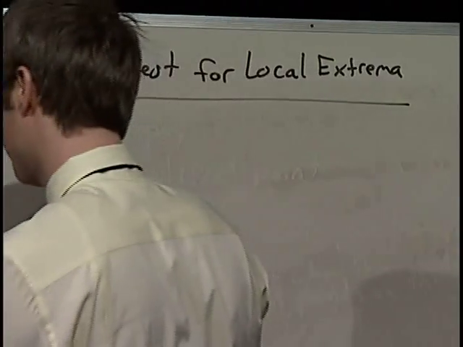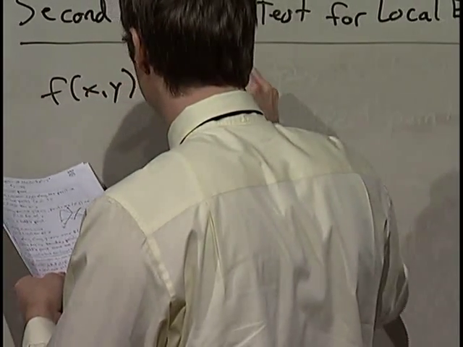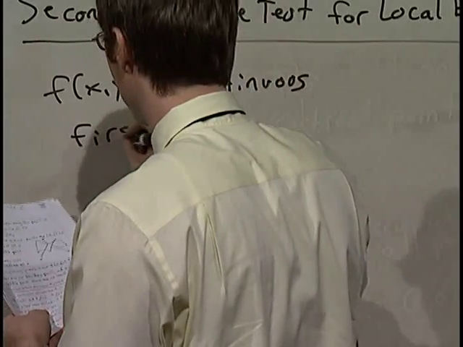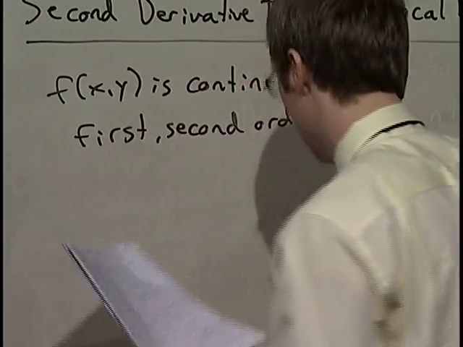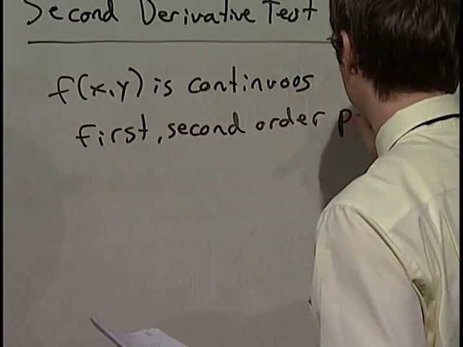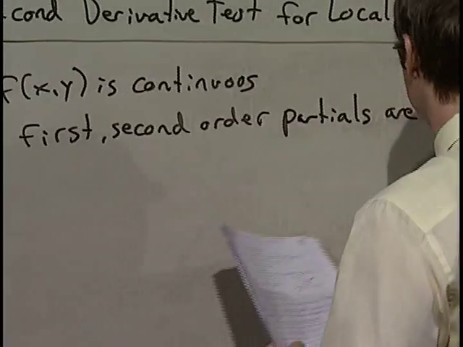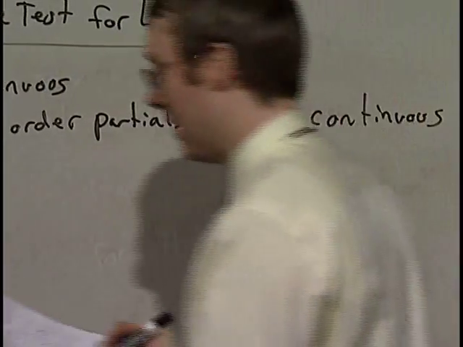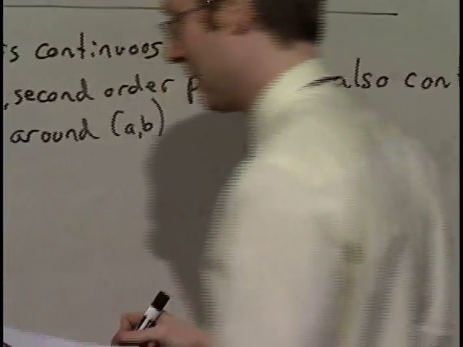Okay? So you're assuming that f of xy is continuous, and the first and second order partials are also continuous around the point AB, right?